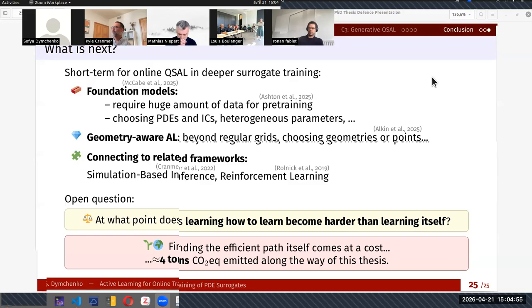But again, if we're scaling to huge data-driven surrogates, it's just going to get more expensive, because usually you want to evaluate some points for this information criteria, and if you want new points which were not in the training data, then you need to create the data, and maybe it was not necessary for the training but just to compute the information criteria, so it can be very complex.